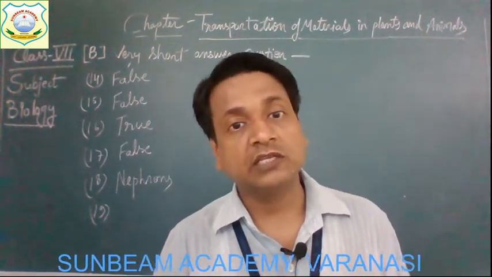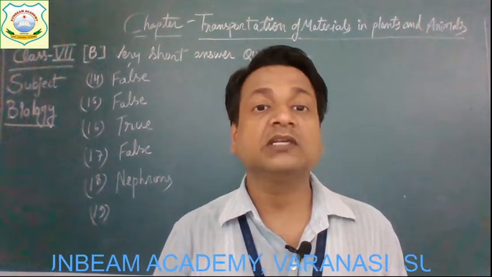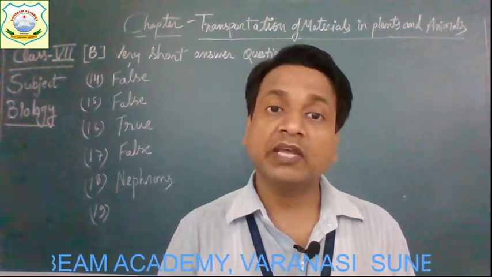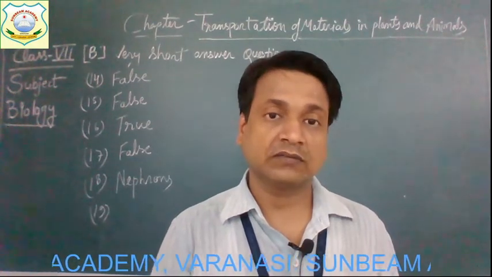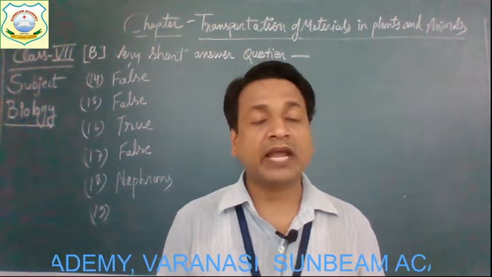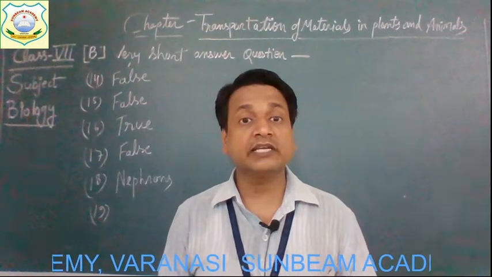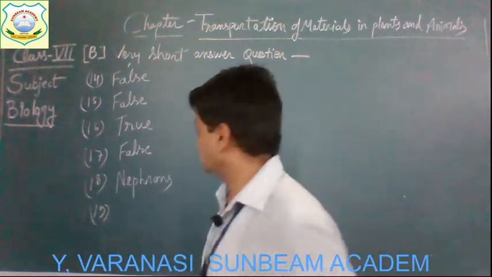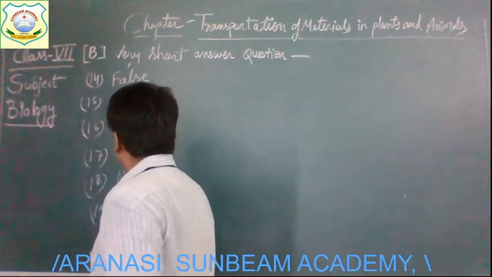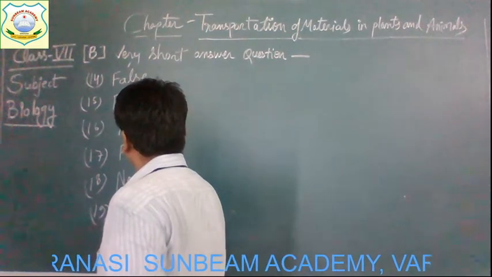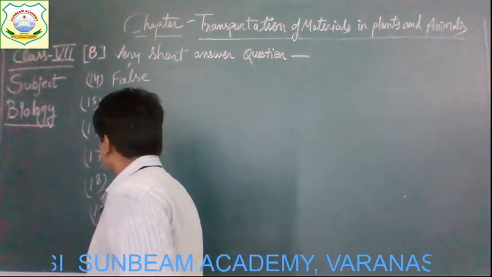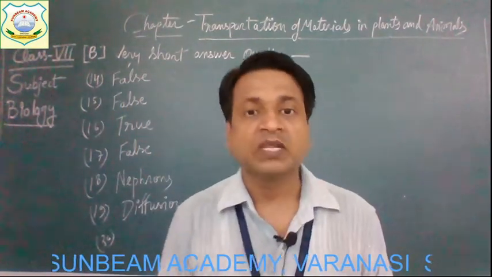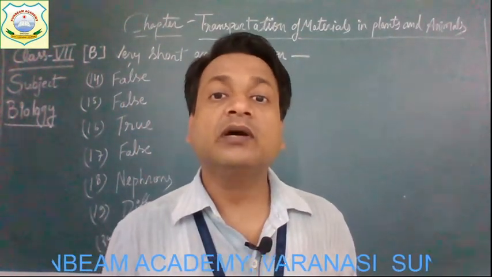So this excretion or removal of waste takes place from their body surface by the process of diffusion. Okay, so what is the name of that process, children? It is diffusion. So write the answer diffusion.